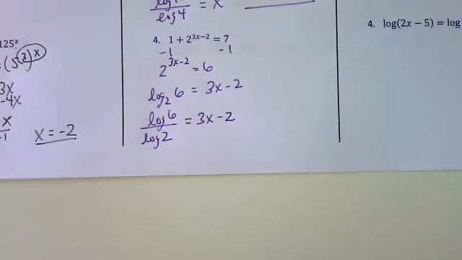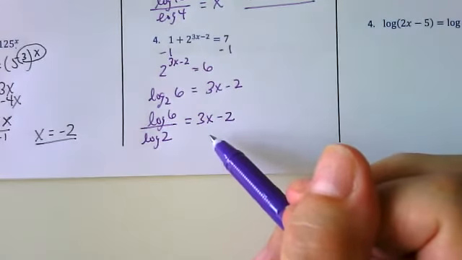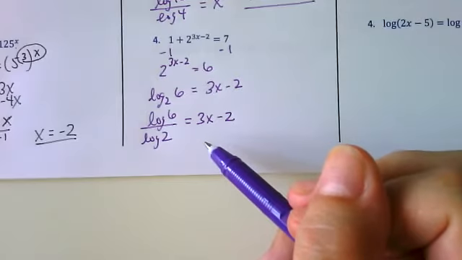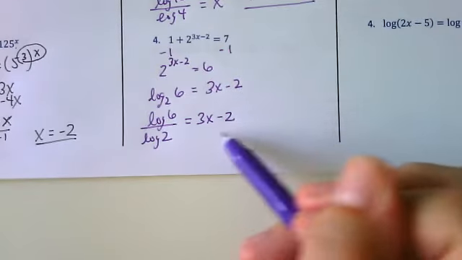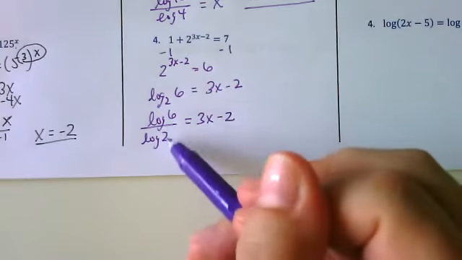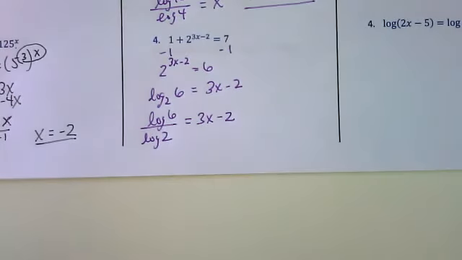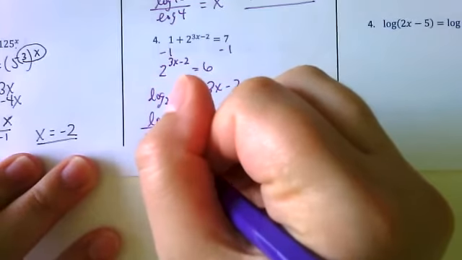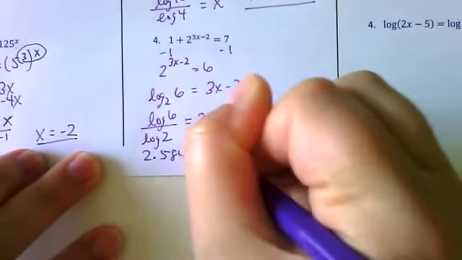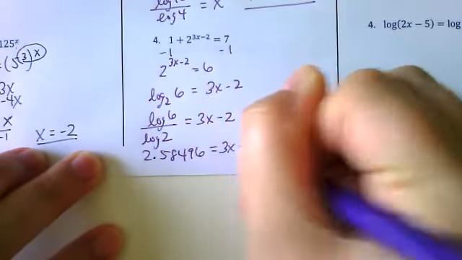Okay. So for this question, it's very similar to question number 2 and 3 kind of mixed together. So we still have to solve this part. So I'm going to write out my approximation here, but make sure in your calculator that you are not rounding until the very, very end. So here I get about 2.58496 equals 3x minus 2.